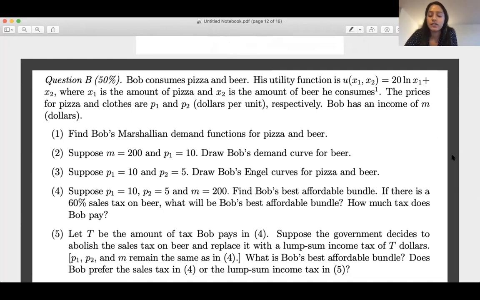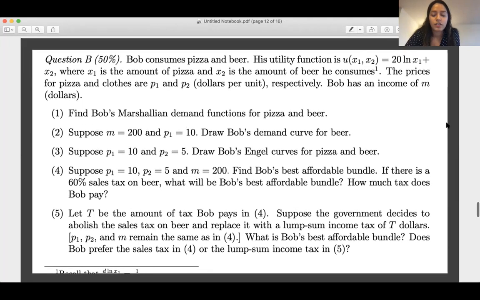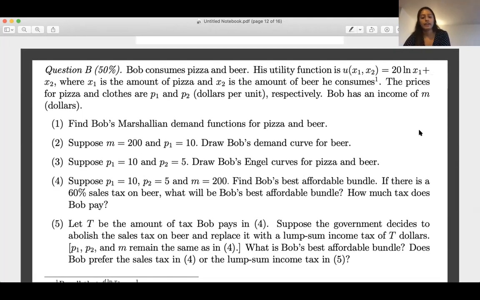Is everyone good? Do you need some more time or is this okay? Okay, I'm just going to move on. I do write a little bit about the question when I'm solving it anyway, so you guys can see it if you needed some more time.